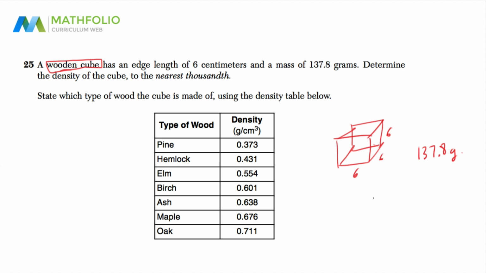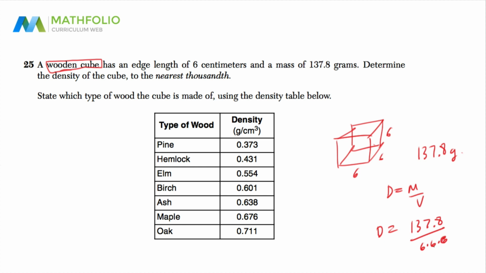So density equals the mass or the weight over the volume. So the mass is 137.8. Density equals mass all over volume. The volume of this thing is 6 times 6 times 6, because a cube, the volume is just length times width times height.